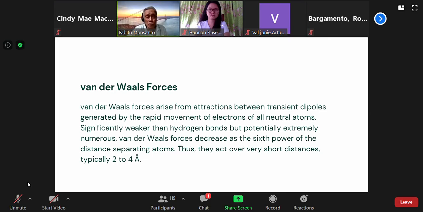Now, molecules also exhibit a form of gravitational force. But this gravitational force is very, very weak. You can hardly detect it unless you have a very sensitive instrument to be able to measure this force. And this is named after van der Waals.